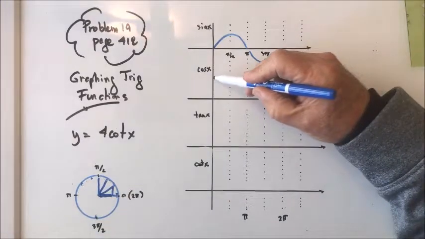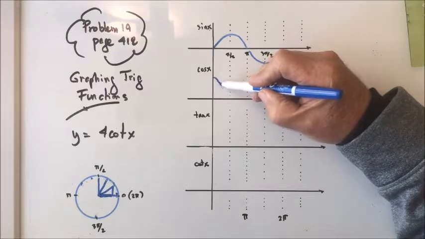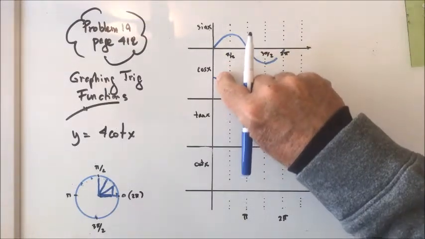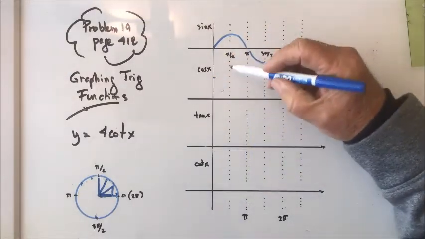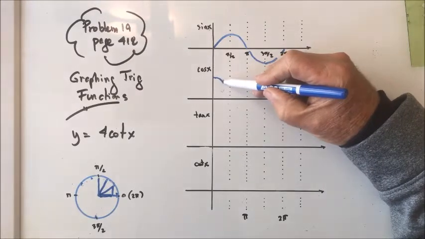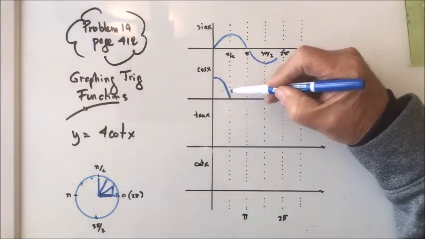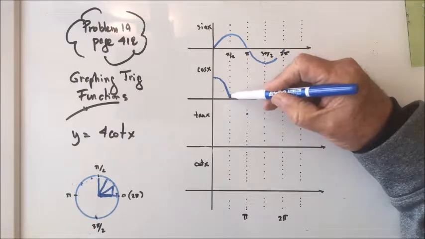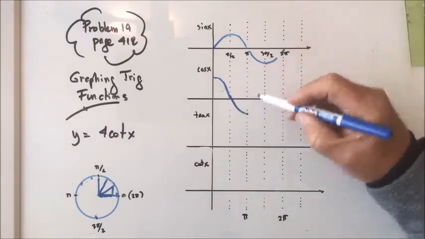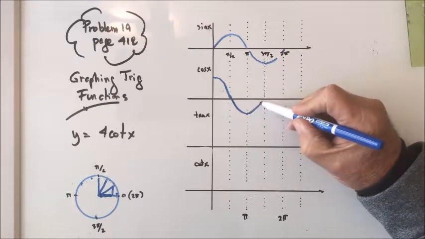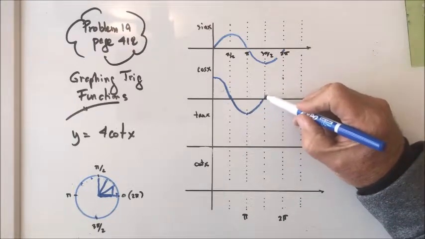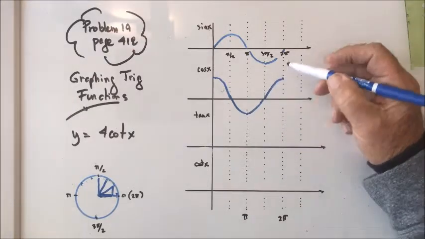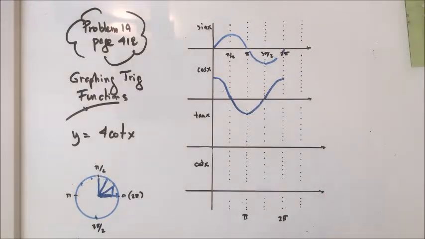So here comes the cosine, heads down, pretty awful job there. Here comes the cosine, shoots down to 0. It will go find the value -1 here. It'll go back to 0. And it'll finish out its cycle over here at 2 pi with a value of 1.